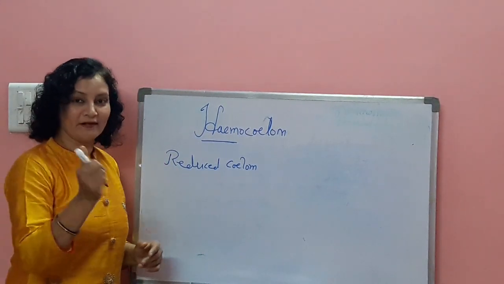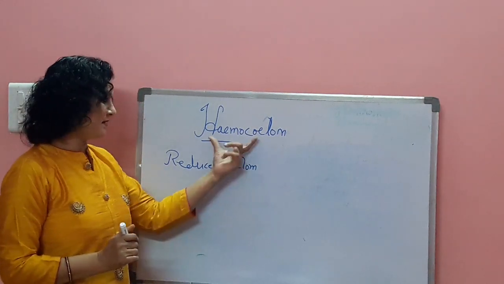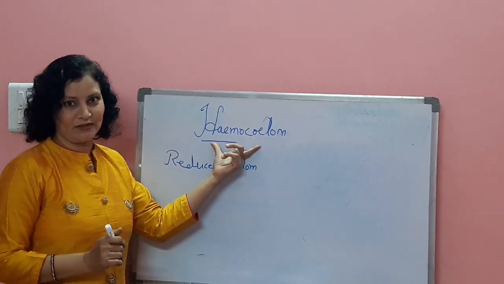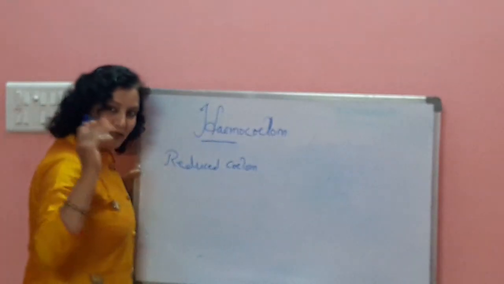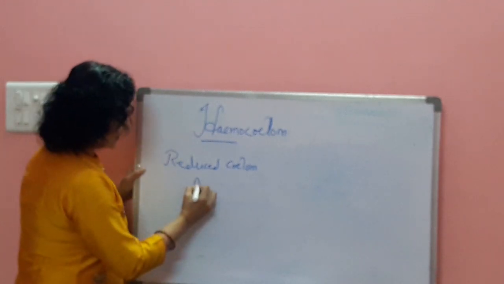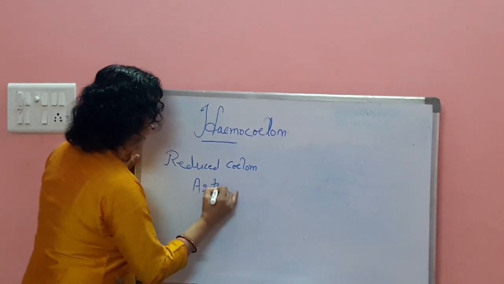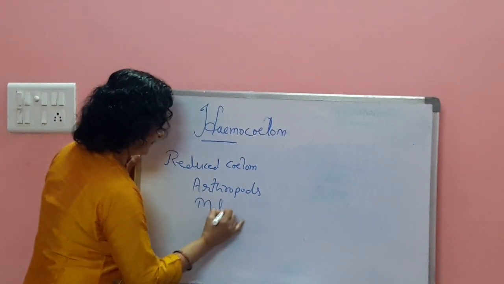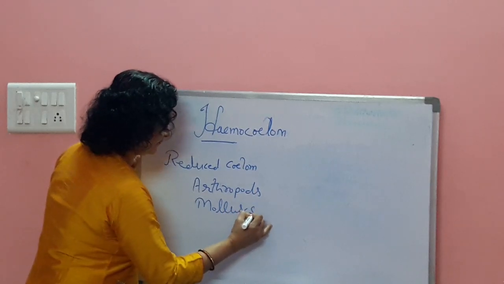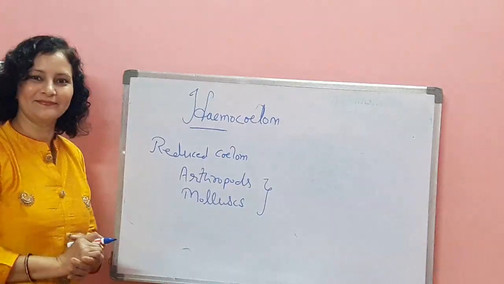It means animals with an open blood vascular system are categorized as hemocoelomate. Their coelom is reduced and mainly two phyla, arthropods and mollusca, belong to this category. Both these categories of animals are hemocoelomate.